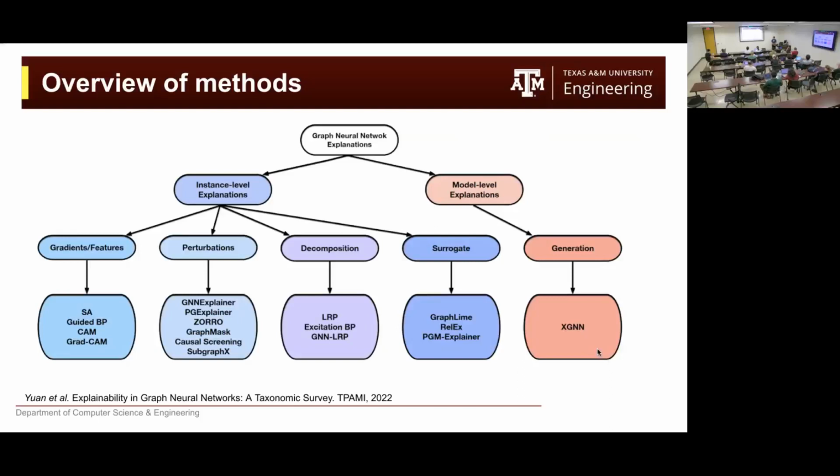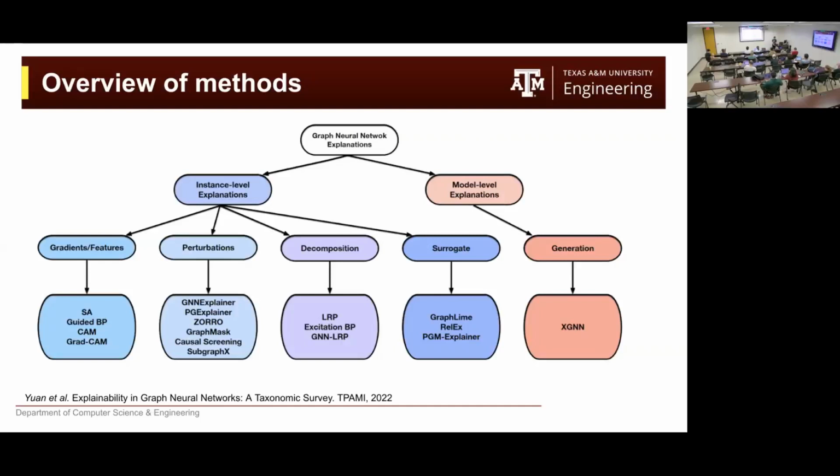And then the generated graph pattern can be taken as the reason why the model thinks this class has what it has. And that's the overview of the existing explanation methods on graph neural networks.